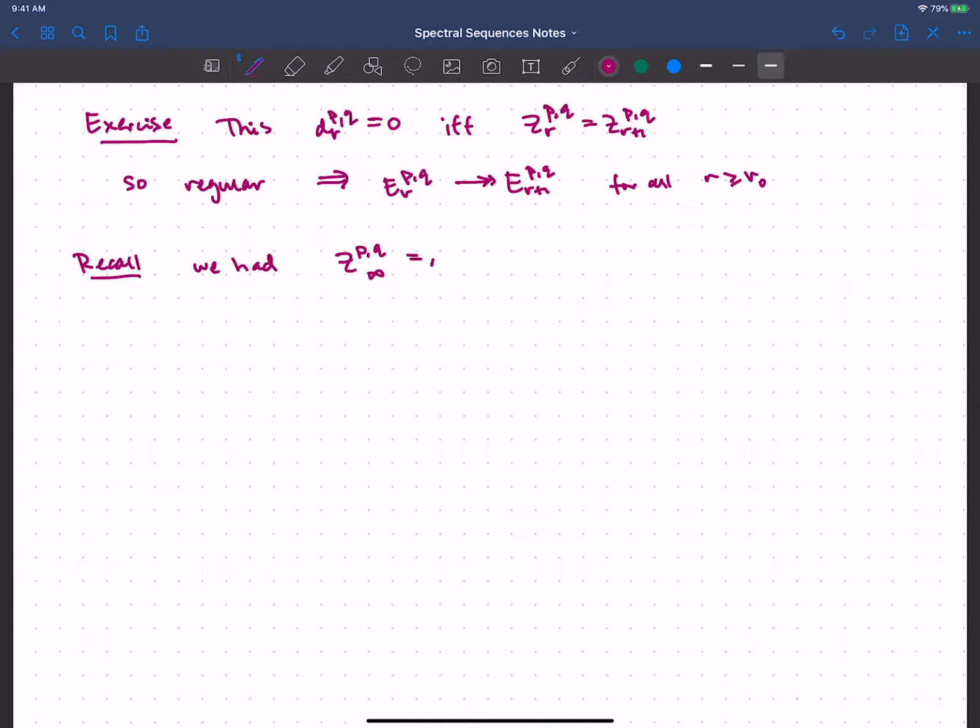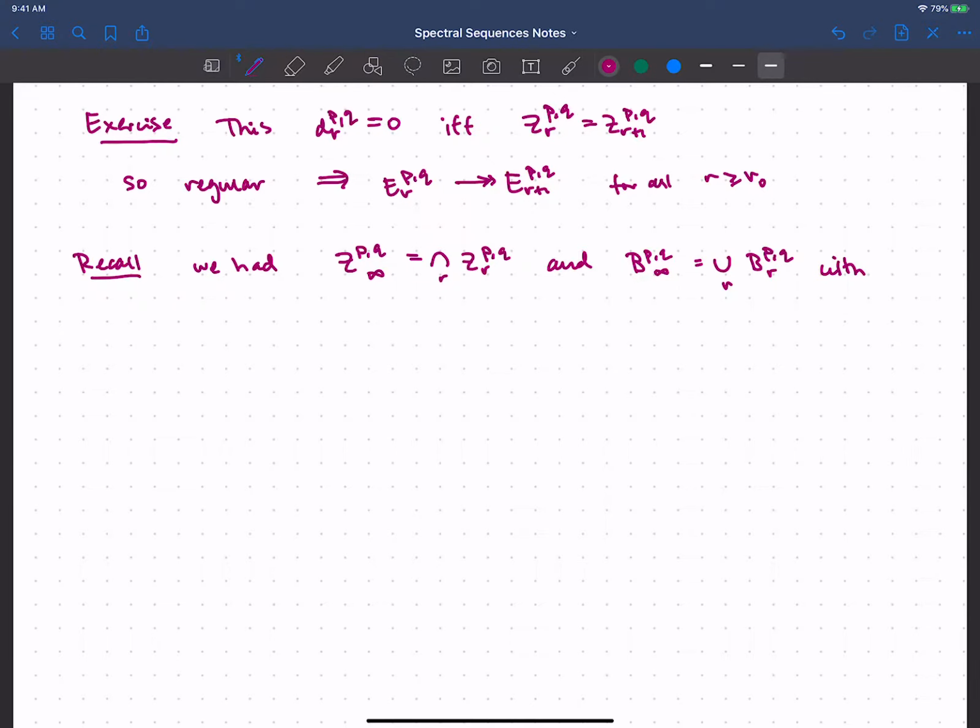So Z^{p,q}_infinity, right? In a sense, all the spectral sequences are the same. So this was the intersection of all those finite stages, cocycles, and we had our infinite coboundaries. This was the union of all the coboundaries from all the pages.